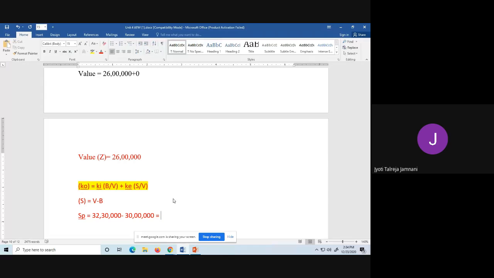Sorry, the debt is 18 lakh. Yeah, 18 lakhs. The debt is 18 lakh.